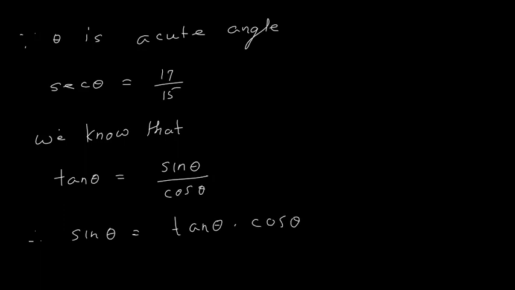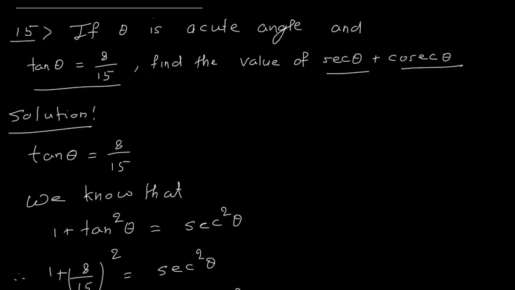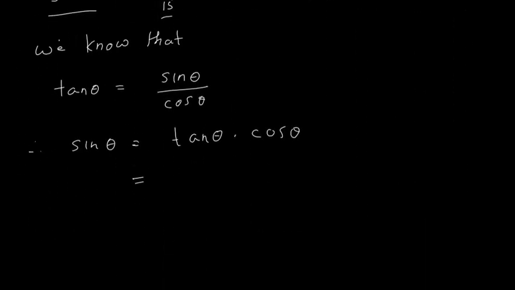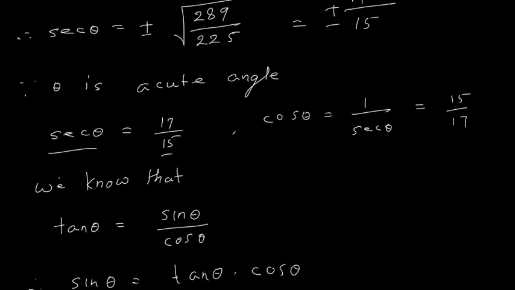Okay, so here we have found the value of sec theta, so let us find cos theta. Cos theta is 1 upon sec theta, that is we have to reciprocate this, so it will become 15 upon 17. And this sin theta will become tan theta times cos theta. The value of tan theta is 8 upon 15, so this is 8 upon 15 multiplied by cos theta, which is 15 upon 17.